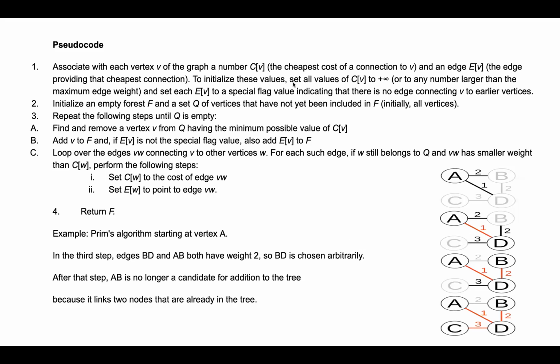To initialize these values, set all values C of V to infinity or to any number larger than the maximum edge weight, and set each E of V to a special flag value indicating that there is no edge connecting V to earlier vertices.